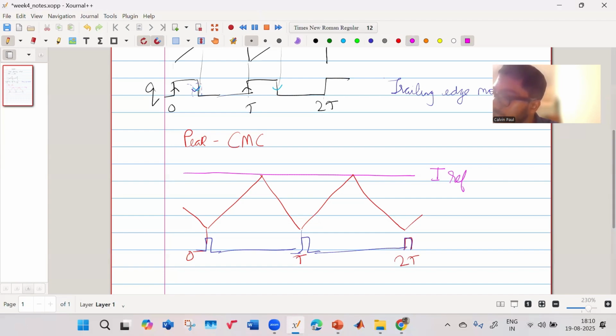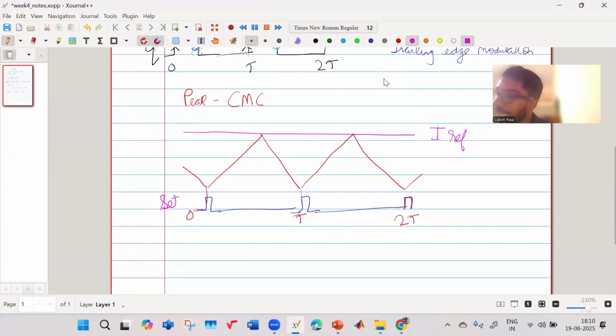These are known as your set pulses. And the instant at which the current touches the reference, you have your reset pulses.